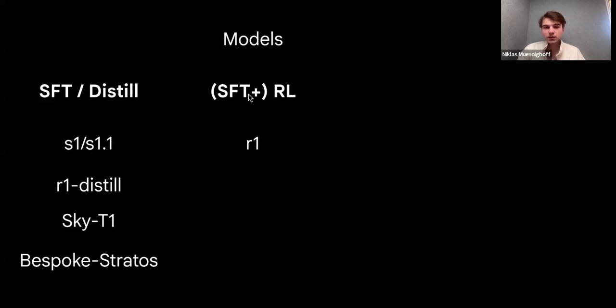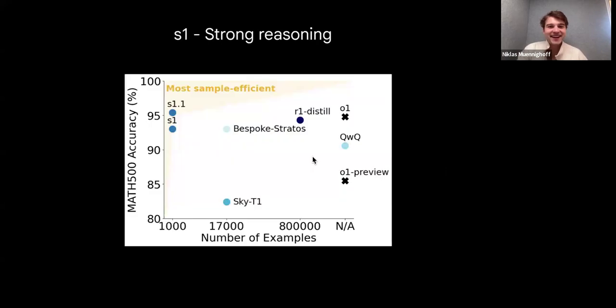And then there's some models that do SFT plus RL. So notably the DeepSeek R1 model, they also did reinforcement learning, which probably can get you to better peak performance, but it does add a lot of complexity, as mentioned, infrastructure-wise. So it's not the simplest way to go about it. And then there's some methods that didn't disclose what they did, but we'll take a look at them anyways.